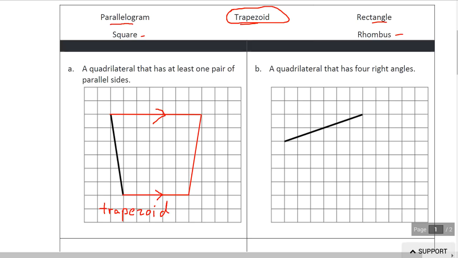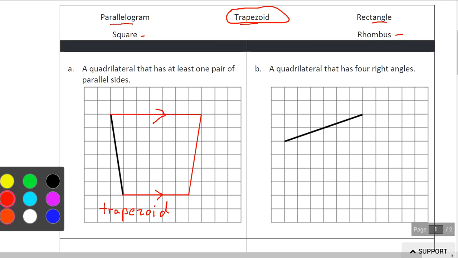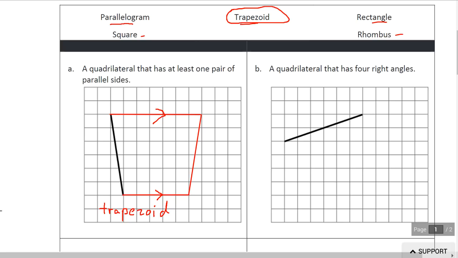All right, let's try the next one on for size and see if it fits. We're looking for a quadrilateral with 4 right angles. Well, I know that a square has 4 right angles, but also a rectangle has 4 right angles. And it didn't say that the sides have to be the same. So let's just make a rectangle.